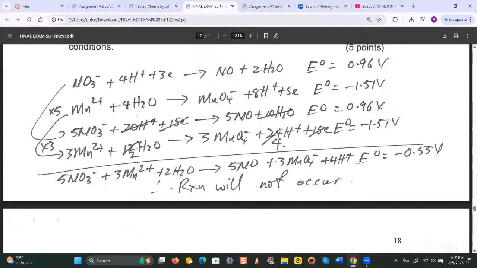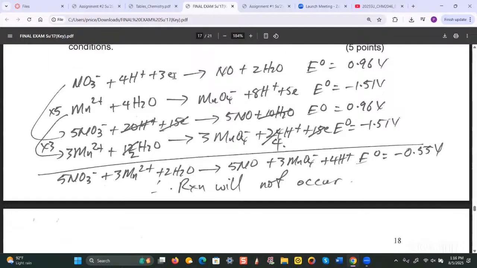Remember, in a redox reaction, electrons are transferred from something to something, right? So one half reaction must be an oxidation reaction, and the other half reaction must be a reduction half reaction. So therefore, we do not flip this right here, because we need electrons on this side to cancel out with the electrons on the other side.